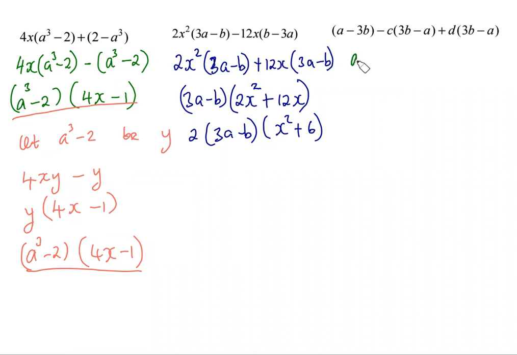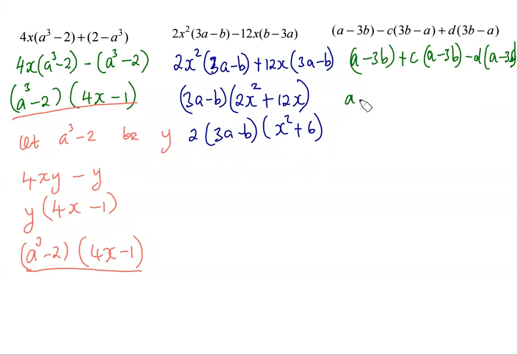So we're going to have a minus 3b. We want everything to be a minus 3b. So we're going to change the sign here, c, a minus 3b. Then we're going to change again the sign here, minus d, a minus 3b. Then from here now, we have got something common, a minus 3b.